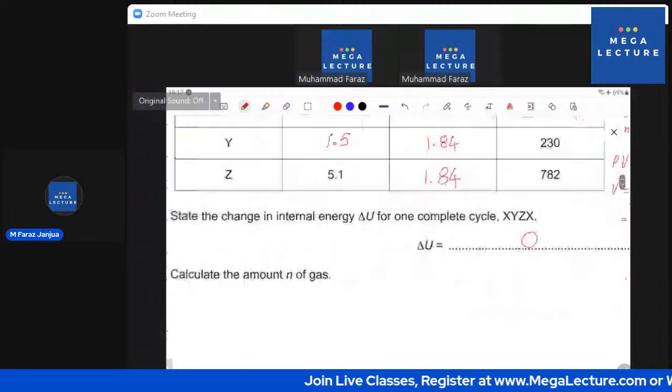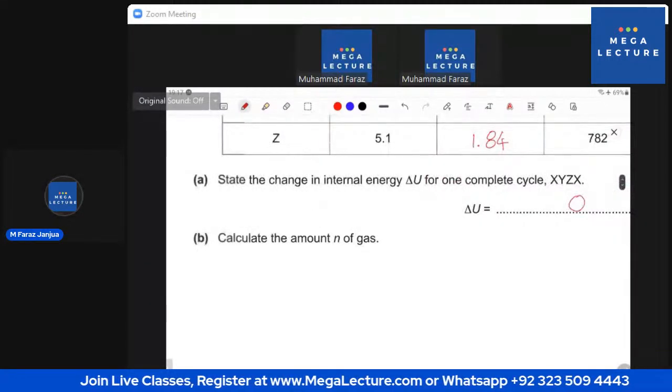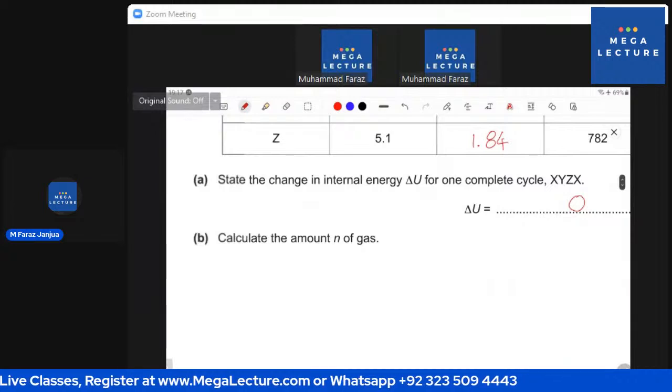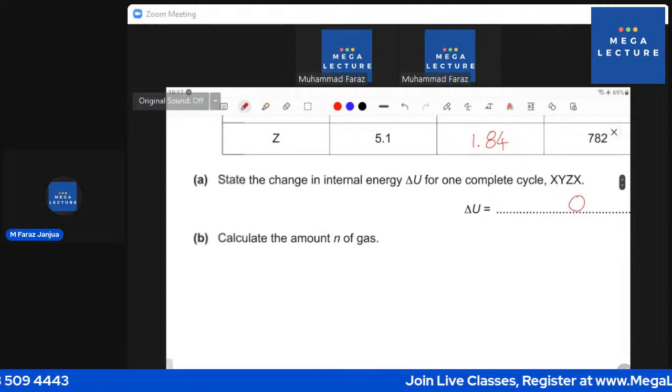Calculate the amount of mole. That is easy. We have already calculated nR equals 1.2. Value of R is 8.31.